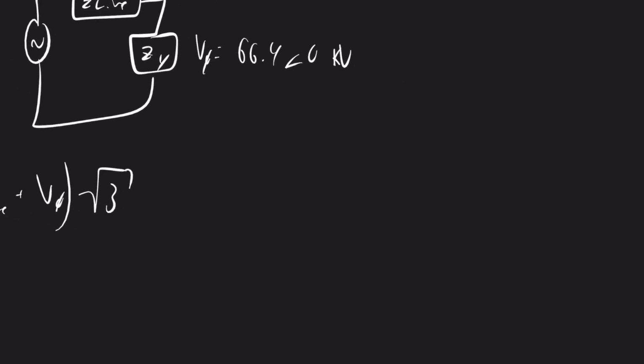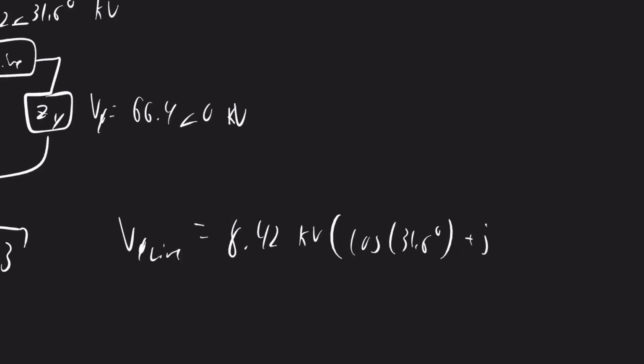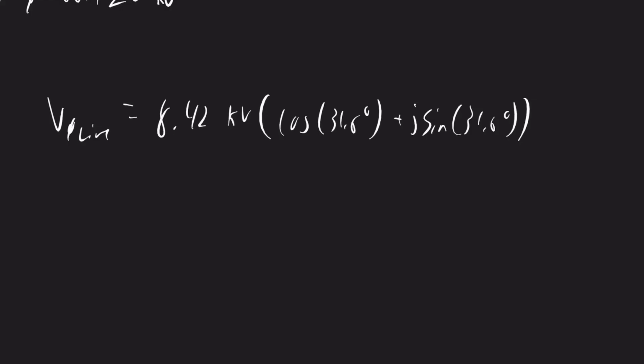Because V phase of the line has an angle, I'm going to need to split this into its imaginary and real part. So it's 8.42 kV times cosine of 31.6 degrees plus j times sine of 31.6 degrees. This cosine becomes 0.852, and this sine becomes 0.524.